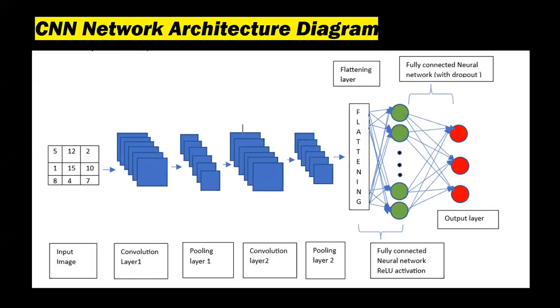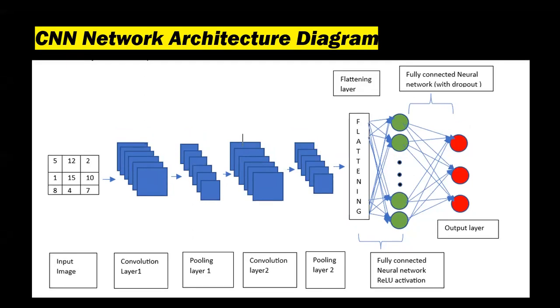Now we will talk about what all the layers present in a CNN network will perform. Coming to the first thing, the convolutional layer. This layer is the first layer that is used to extract the various features from the input images.